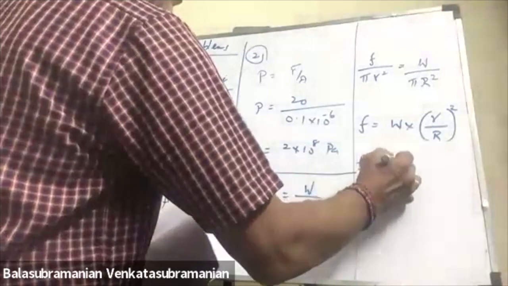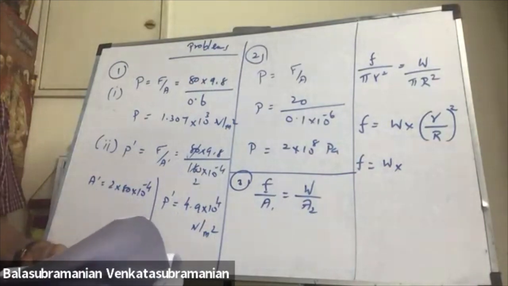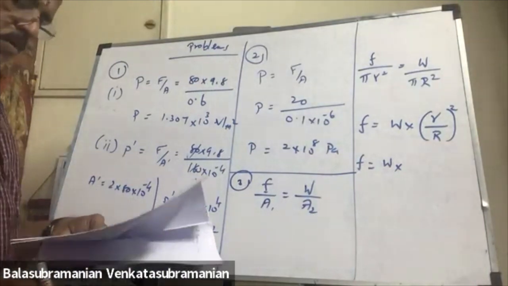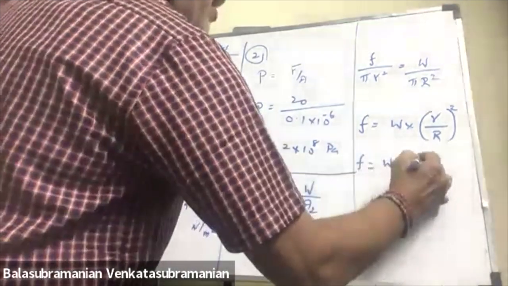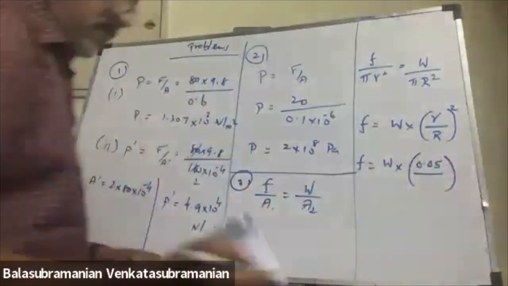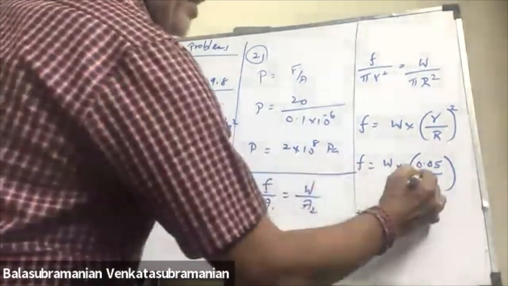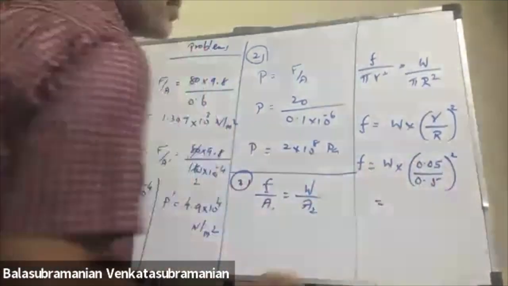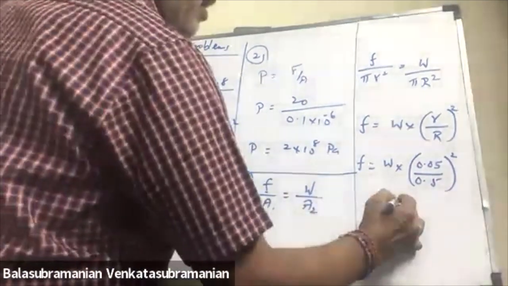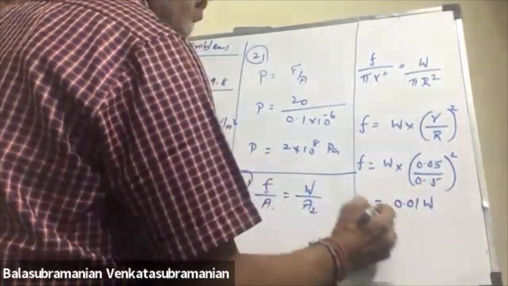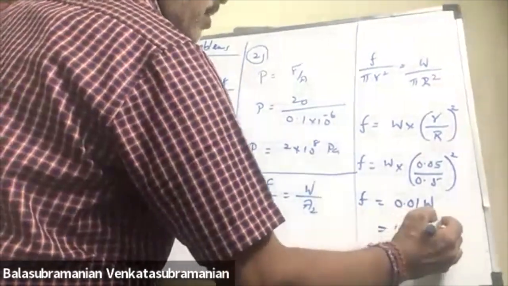W into, smaller one diameter 10 centimeter, so radius is 5 centimeter, 0.05 meter, divided by larger one 1 meter in diameter, so radius is 0.5, whole square. 0.05 by 0.5, simplify, you will get 0.01 W. That is 1% weight of the car.